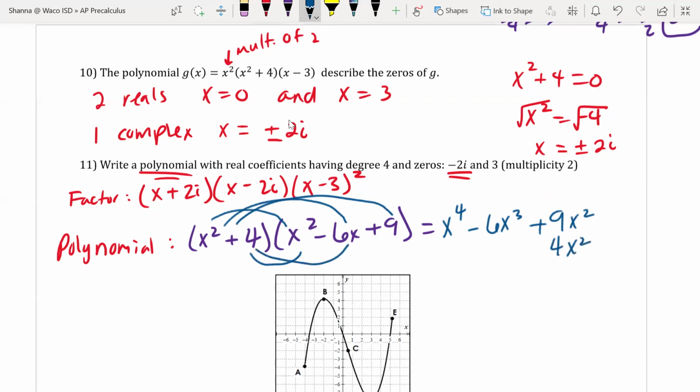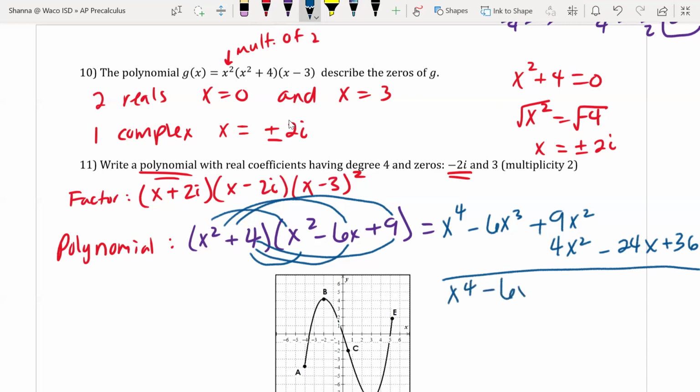We have 4 times negative 6x, which gives us negative 24x. And we have 4 times 9, which gives us 36. I personally stack mine so that I can easily combine like terms. You can write yours all in a row if that's what your heart tells you. I have x to the 4th minus 6x to the 3rd plus 13x squared minus 24x plus 36. And that would be my completed polynomial.